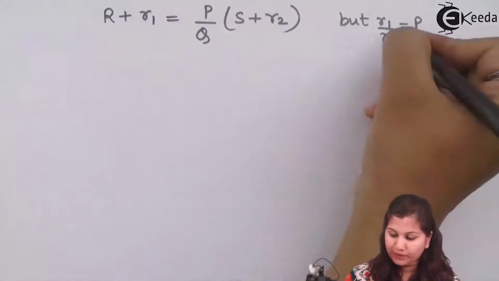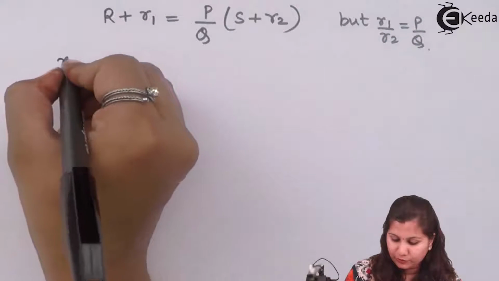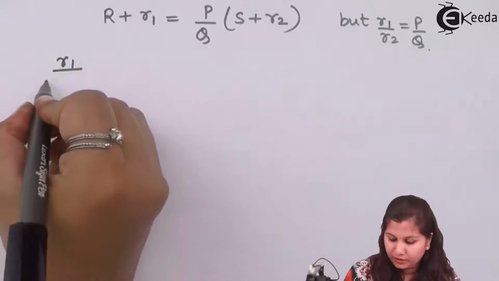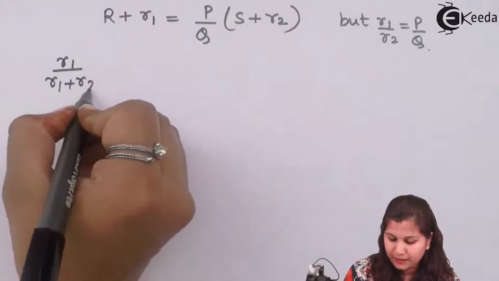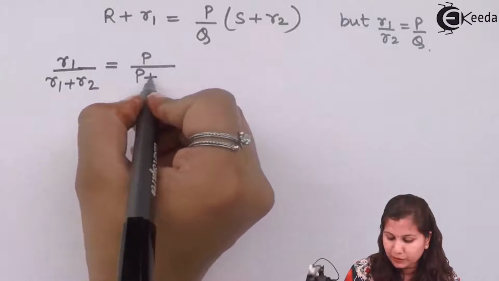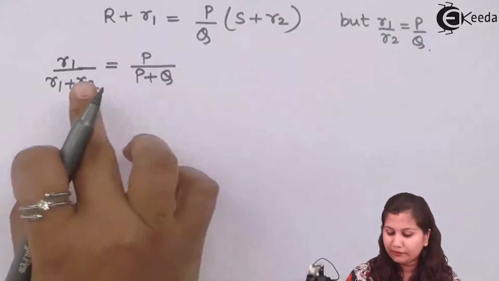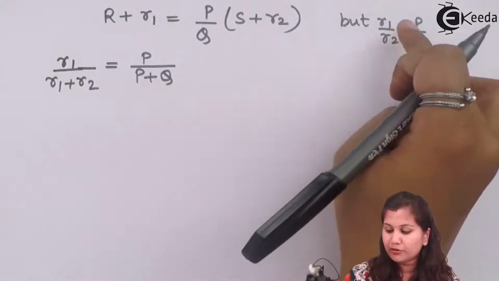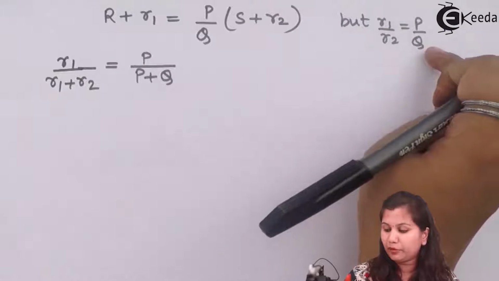So from this formula we can get the value of R1 upon R1 plus R2, which will be equal to P upon P plus Q. What we have done is add 1 on both sides: R1 upon R2 plus 1 and P upon Q plus 1.